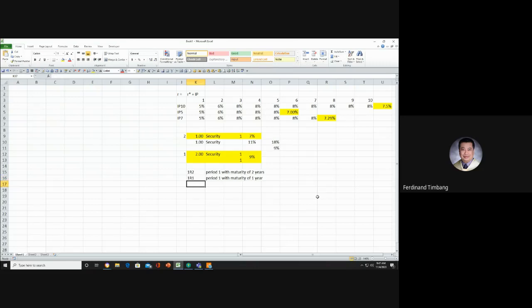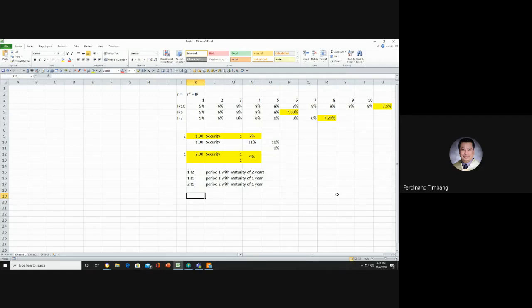Kaya pagka sinabi naman 2R1, so that is on period 2 with maturity of 1 year. Kaya kung halimbawa itong dalawang to, inadd mo, lumalabas 2 years yan. Di ba? Lagyan natin ng years para maintindihan nyo, ha.